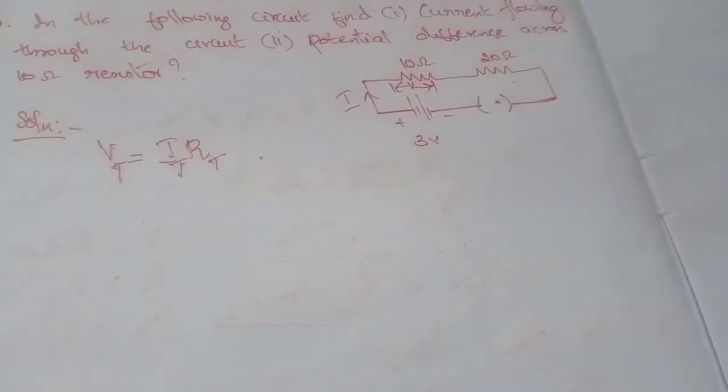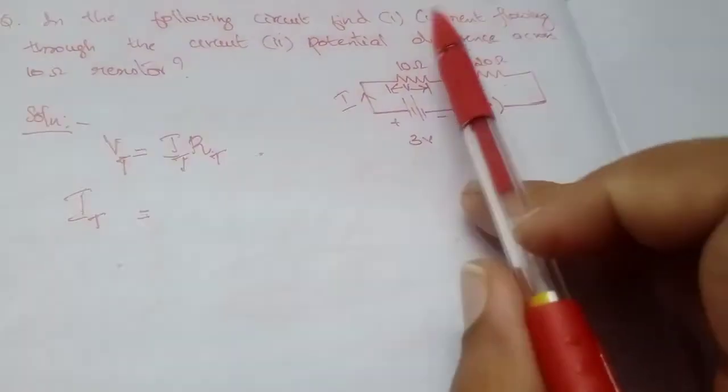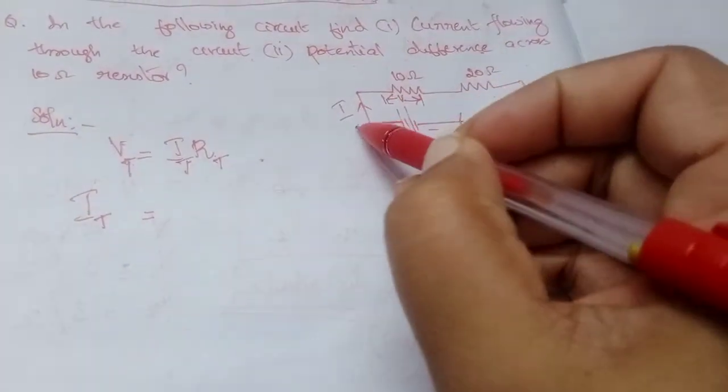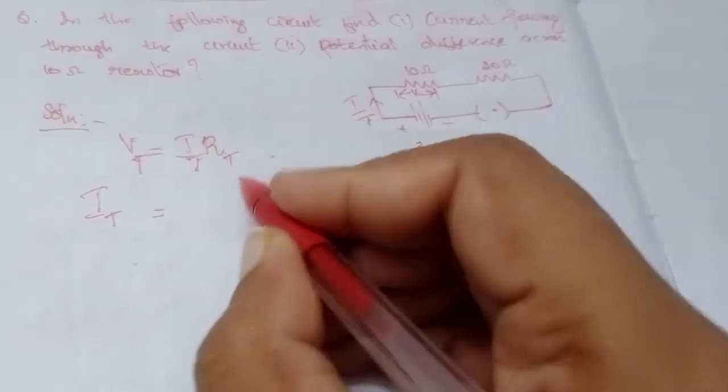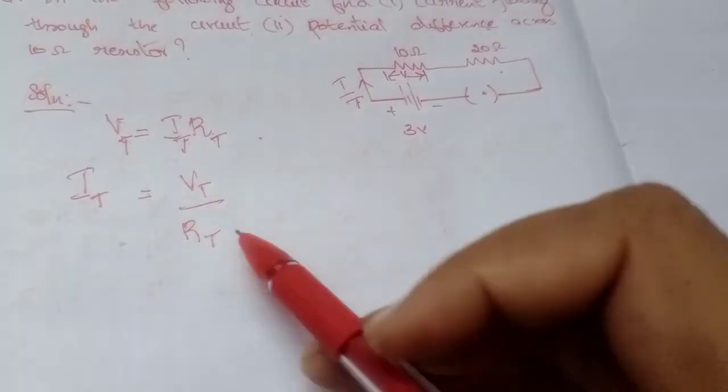What we need to find is the value of total current, the current flowing through the circuit. So from this we can write IT is equal to VT divided by RT.